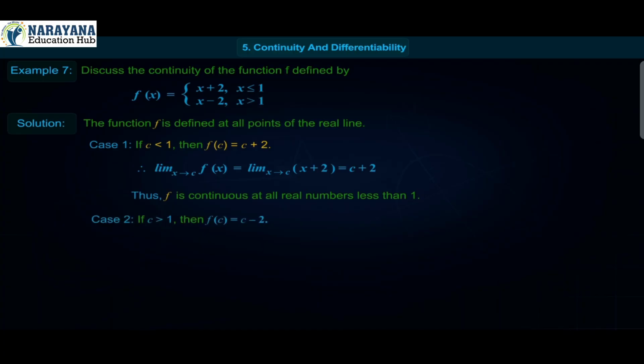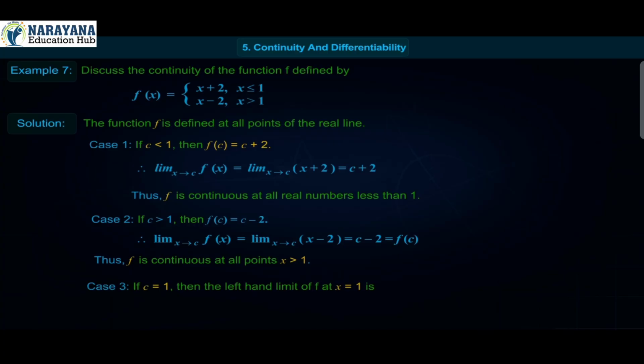Case 2. If c is greater than 1, then f of c is equal to c minus 2. Therefore, limit x tends to c, f of x is equal to limit x tends to c, x minus 2 is equal to c minus 2 is equal to f of c. Thus, f is continuous at all points x is greater than 1. Case 3.